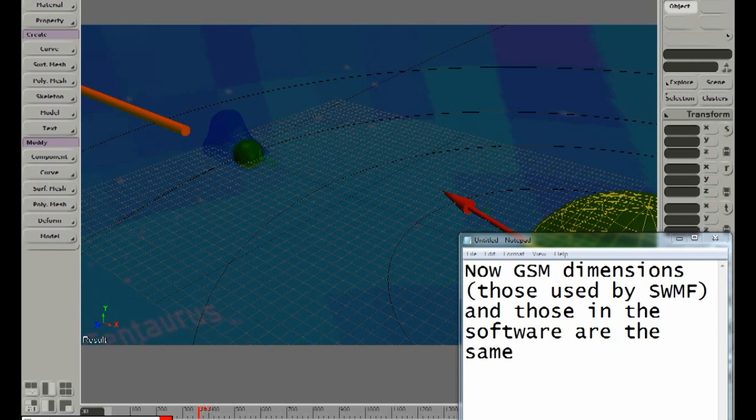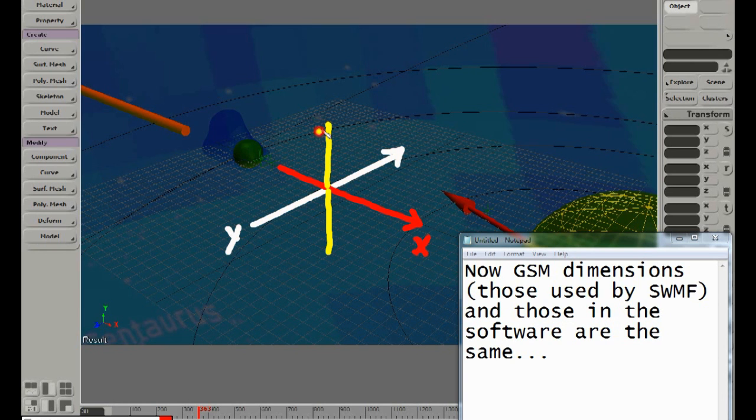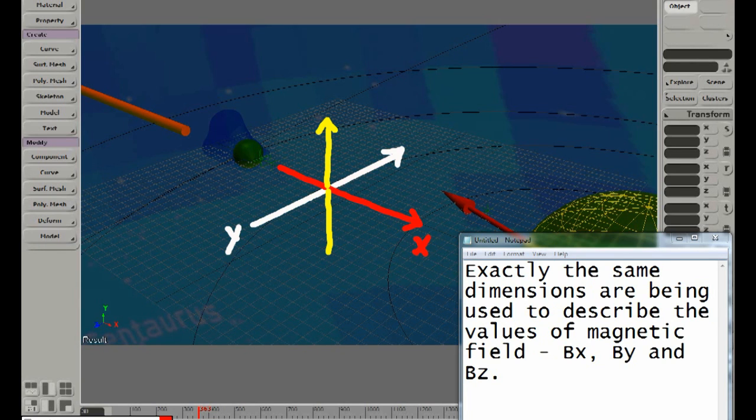Now, GSM dimensions, those used by SWMF, and those in the software are the same. Exactly the same dimensions are being used to describe the values of the magnetic field: Bx, By and Bz.